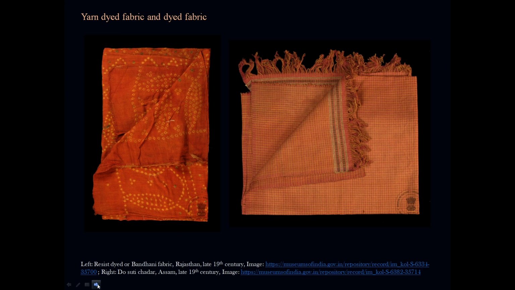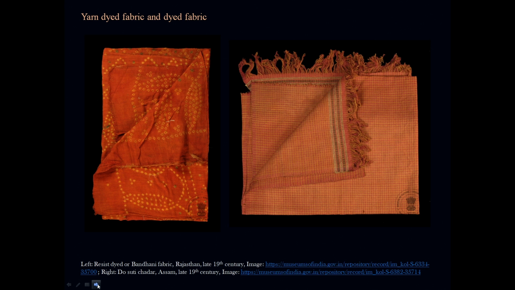So, in this case we see that it is madder dyed primarily, and that is the reason it is red. The areas which are already resisted still hold the color of Myrobalan, and that is the reason they are featured in yellow or yellowish ochre, whereas the rest of the fabric had turned red.